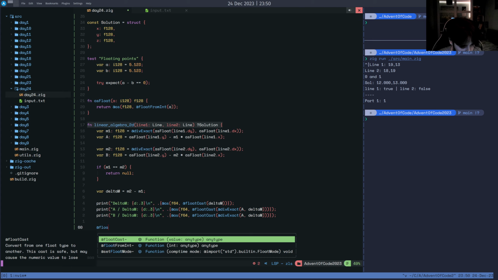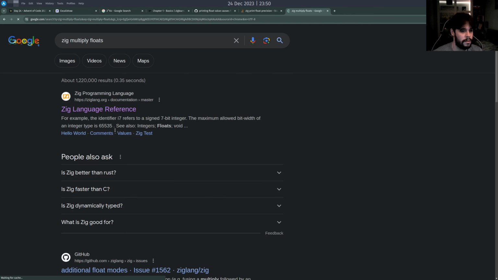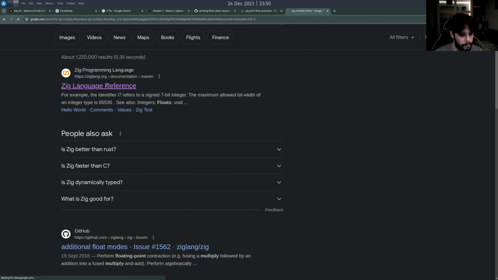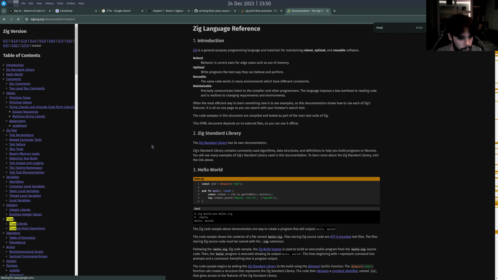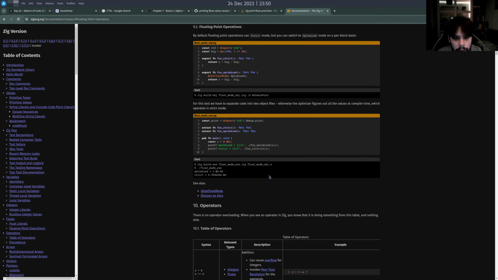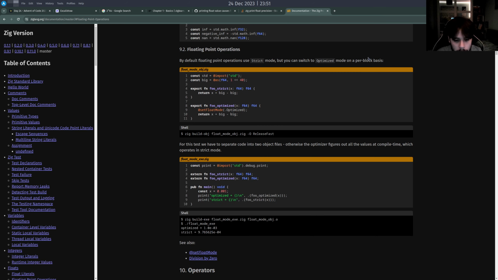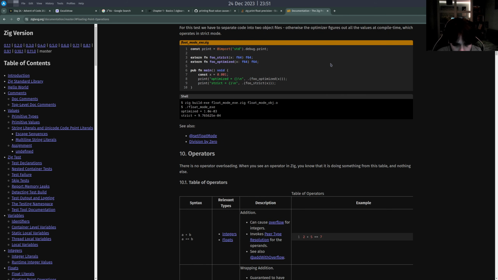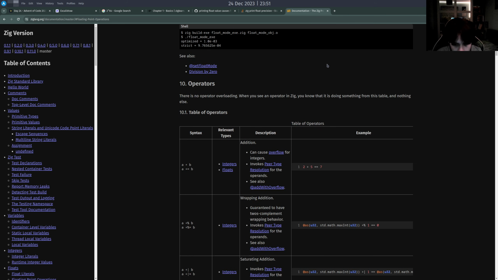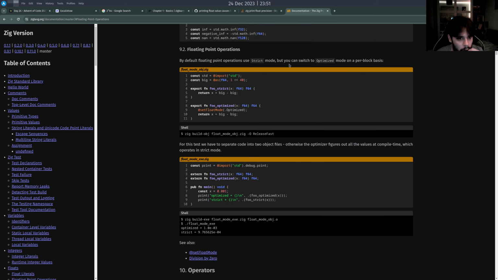Float multiply. Zig multiply floats. Floating point operations. Yep. Okay.